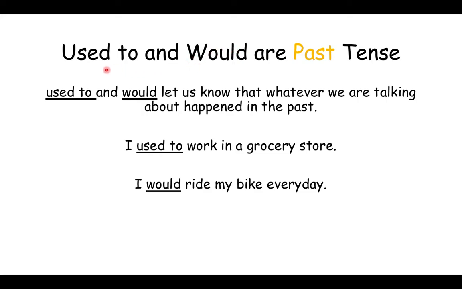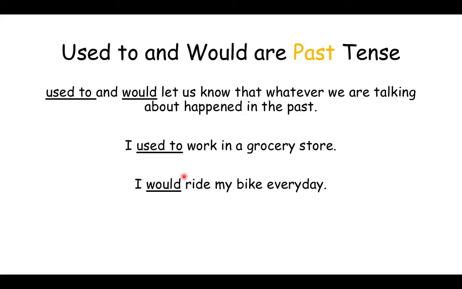But for right now, would and used to are what we use to talk about the past. Used to and would let us know that whatever we are talking about happened in the past. So I used to work in a grocery store. So this sentence is telling us that in the past, I worked in a grocery store.